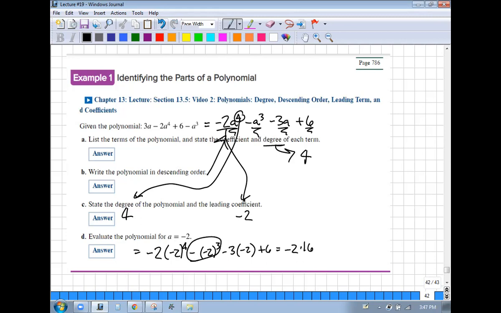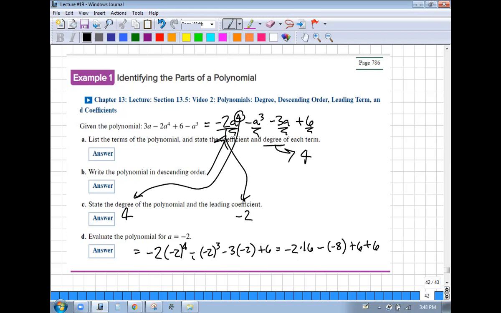Now this one, I keep my minus sign. -2 cubed. 3 minuses gives me a minus. 2 cubed, 2 times 2 times 2 is 8. Now this term, -3 times a -2 is a +6. And then I have a +6.